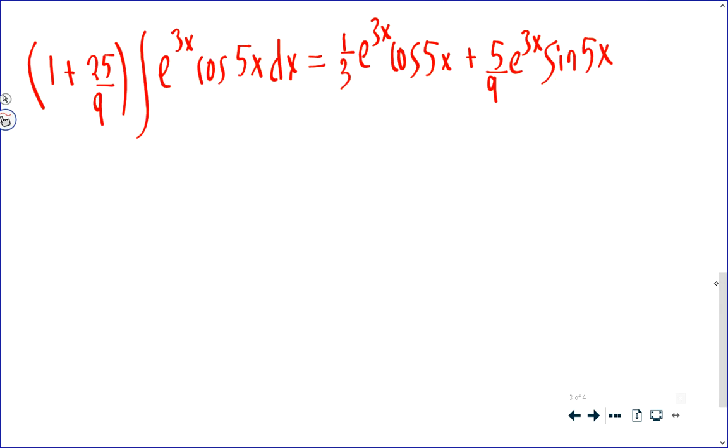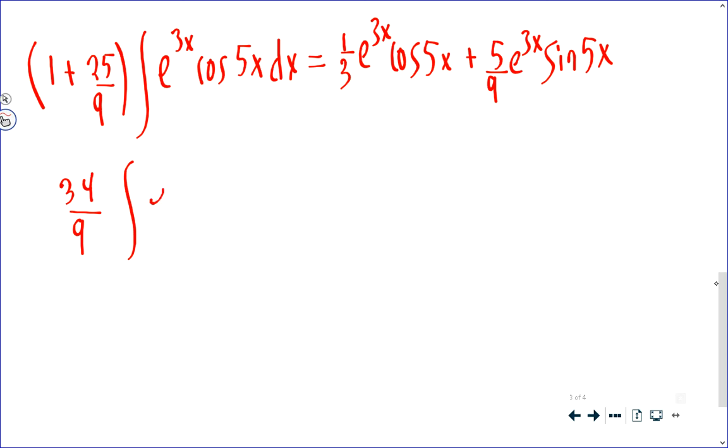We can certainly figure out what 1 plus 25 over 9 is, which is the coefficient of our integral. That would be 9 over 9 plus 25 over 9, which is 34 over 9. Multiplied by this integral, which we're really curious about, because if we know what it is, I've called it R, then we can multiply it by the number we left out from the beginning, which was 7/8.